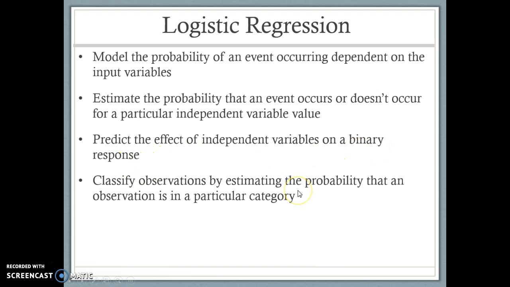We classify the observation by estimating the probability that an observation is in a particular category. So estimate the probability that somebody is in the privately insured group if they are of a certain credit score. So again, those are some examples of how we use logistic regression.